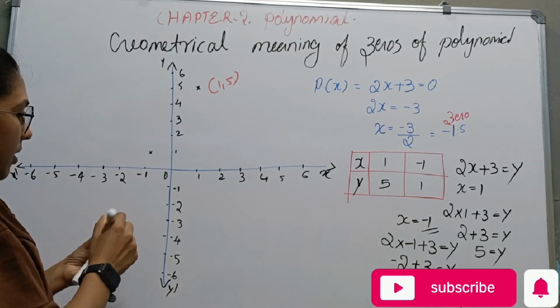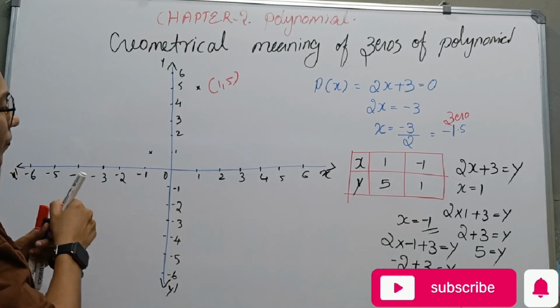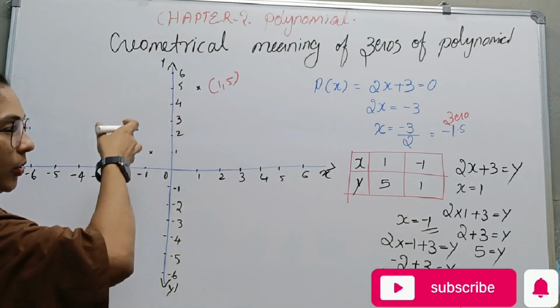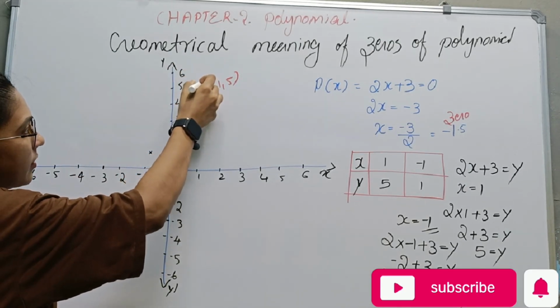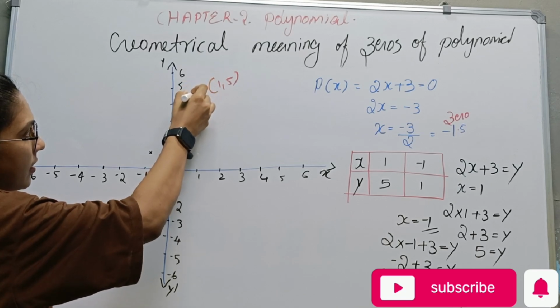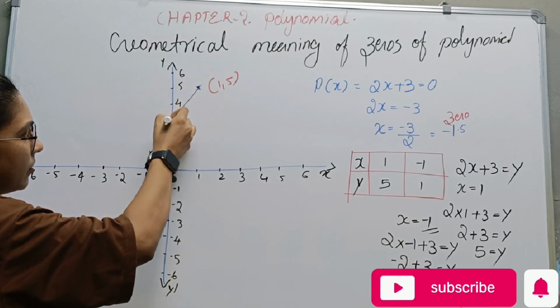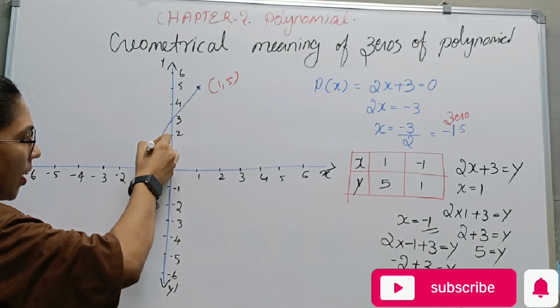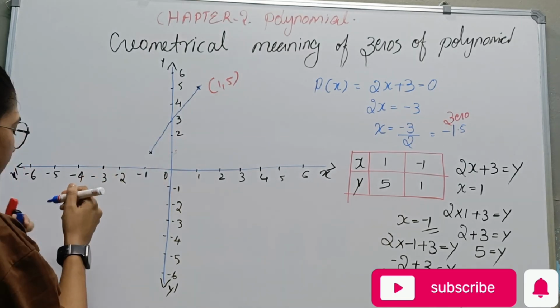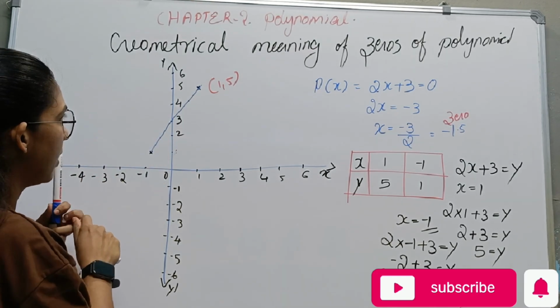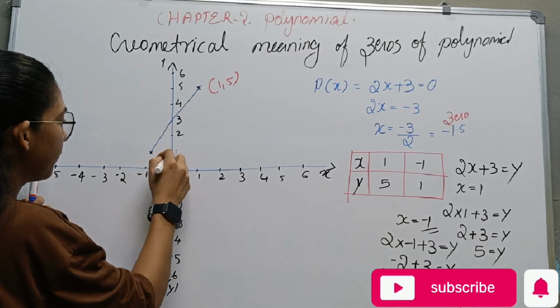We have to connect these points by using a scale and join these 2 points. This is minus 1 comma 1.